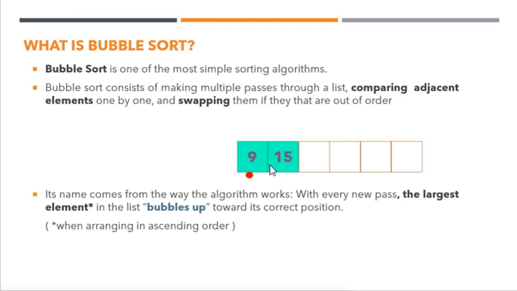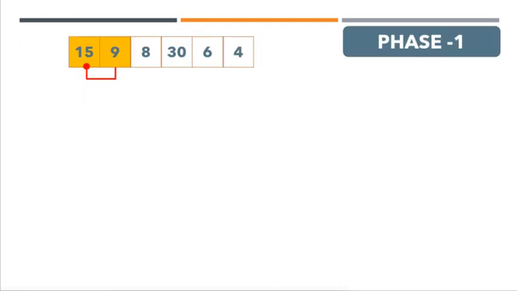And this process is repeated for the rest of the elements as well. As you move ahead, you will find that after every pass, after every iteration, the largest element bubbles up towards its correct position. That's the reason this sorting algorithm has the name bubble sort. I hope you would like to see each and every step. So what are we waiting for? Let's jump in.